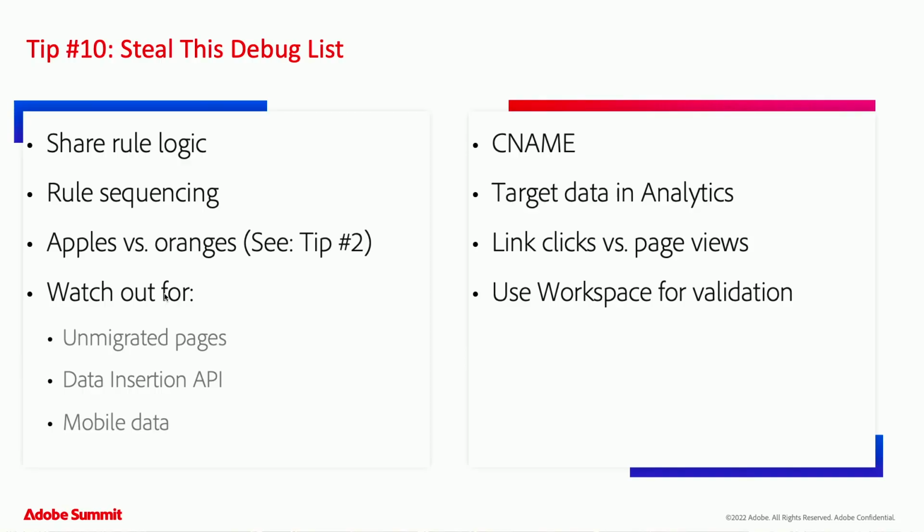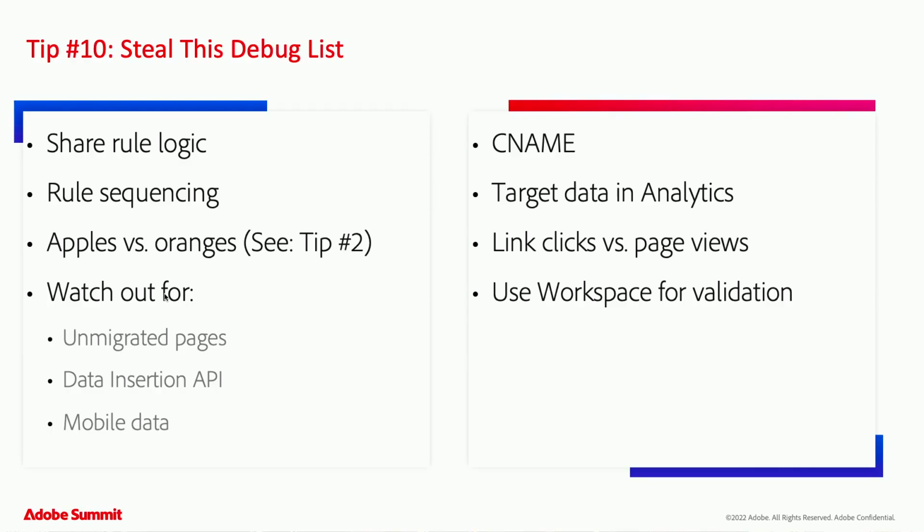There's an equivalent in Web SDK that has to do with the web page details object versus the web interaction object, and you just have to be aware that those things are what distinguish in Analytics a page view from a link track call. It's a common oversight to miss that and then look at your data and go, geez, our page events way exceed our page views, or vice versa.